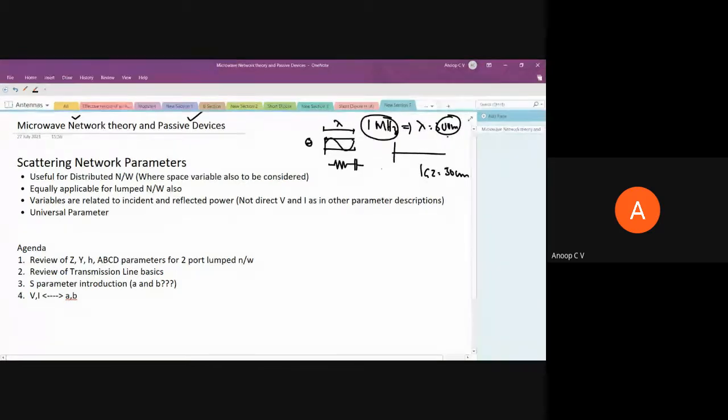Compared to 300 meter, this 10 centimeter is very little. So over a length of 10 centimeter, you can assume the voltage is constant.